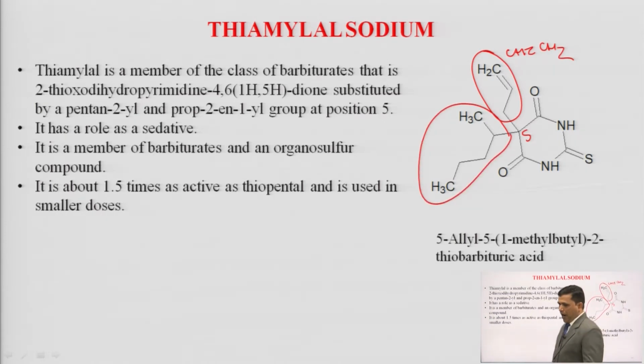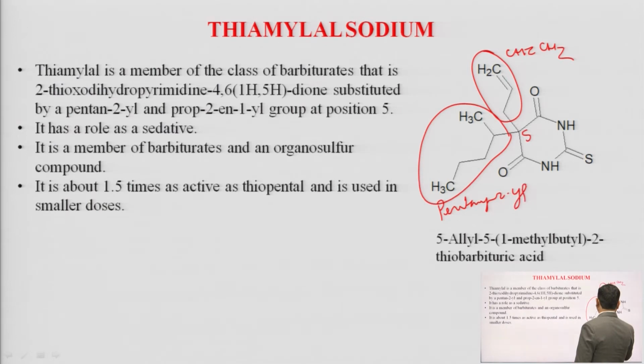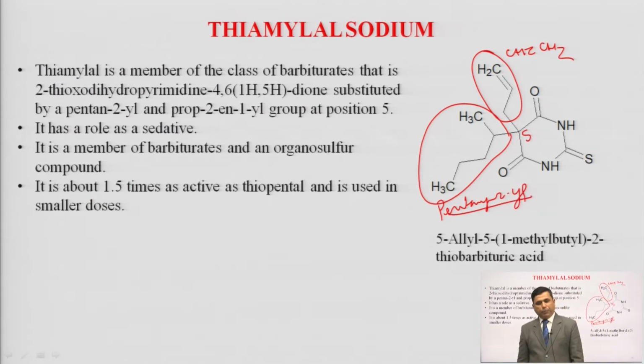Thioamylal is a member of the barbiturates, thiohydropyrimidine 4,6-1H,5H-dione substituted by a pentan-2-yl and a prop-2-enyl group at the 5th position.